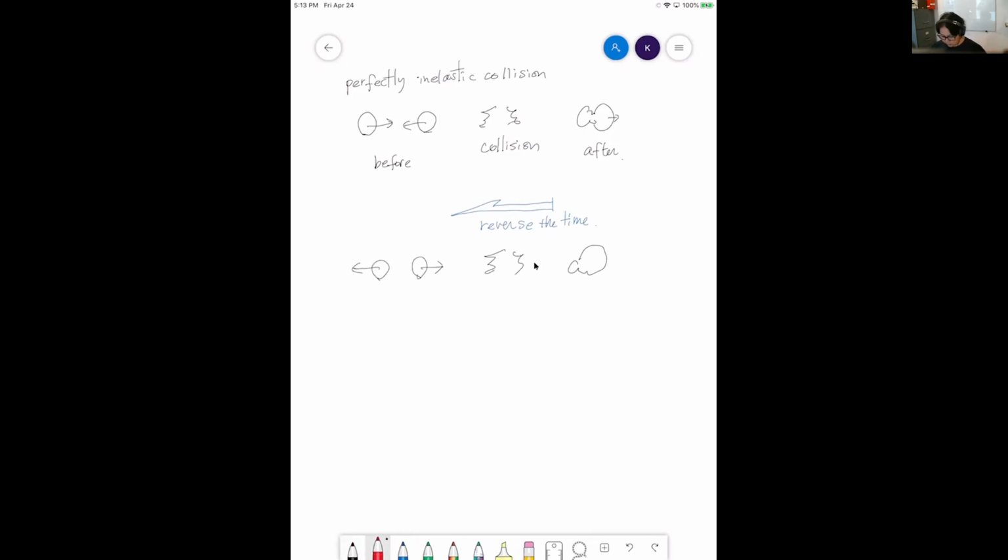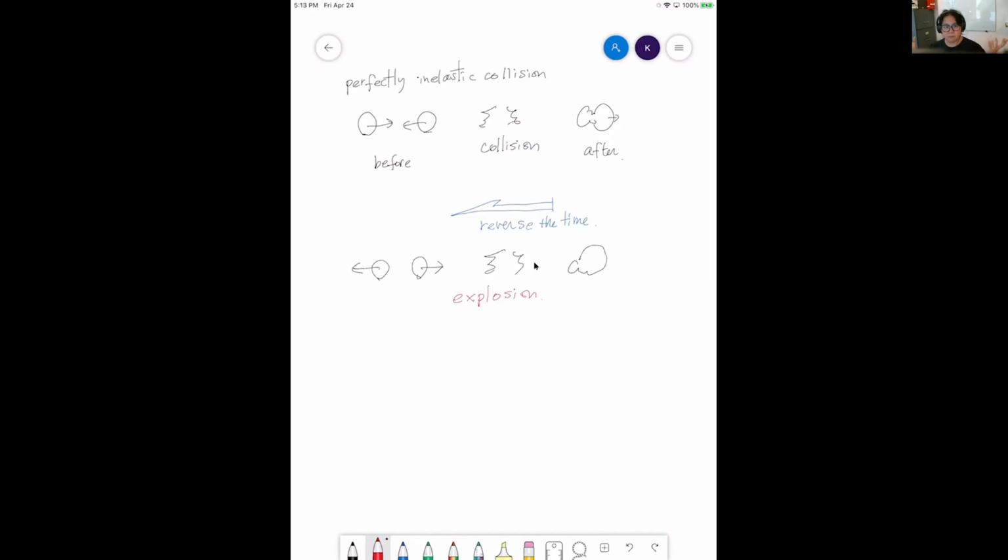So this is an explosion. When you have an explosion, the interactive force in the explosion is so large that you can ignore other external forces like gravitational force.